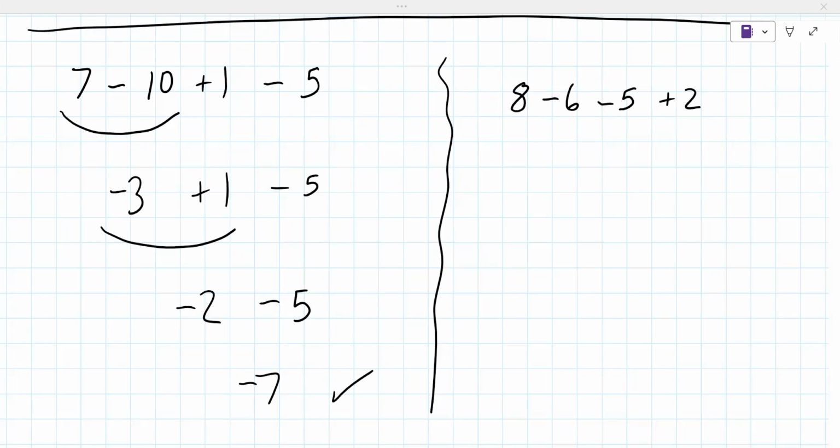You have to work this out. Okay, I think I'm done. What's your answer? -1. That is correct. Good.